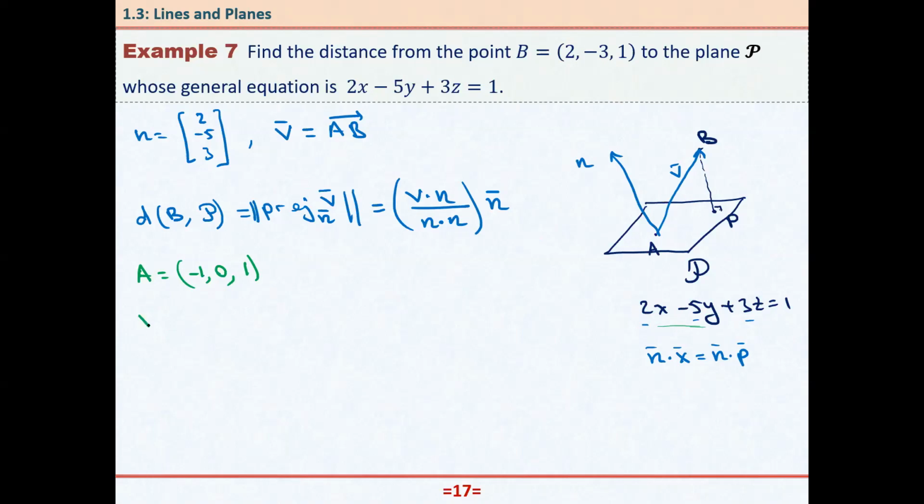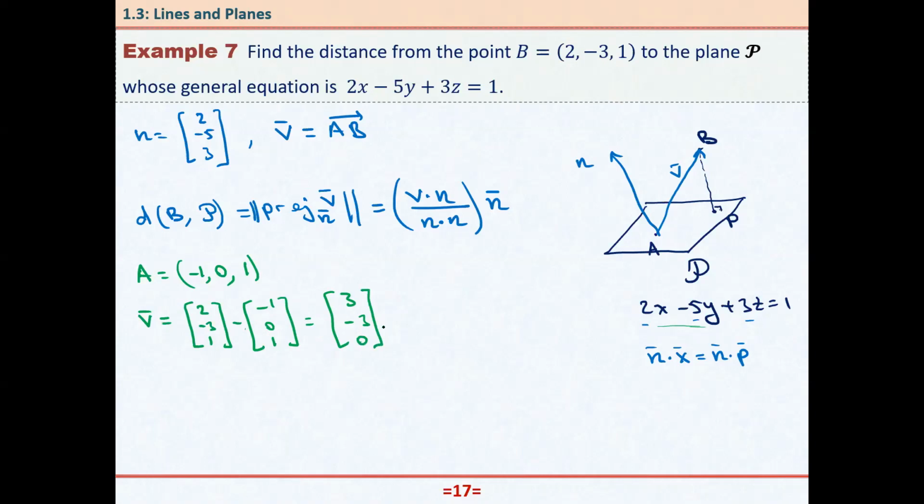So now, what is vector V? That is just OB minus OA. OB is (2, -3, 1), minus OA (-1, 0, 1), which is equal to 2 minus (-1), it is 3, -3 minus 0 is -3, 1 minus 1 is equal to 0.